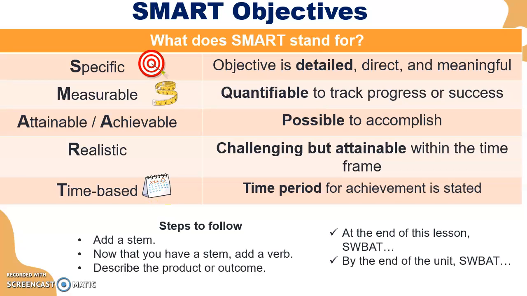So it means that it is challenging, but at the same time, it is something attainable or something possible to achieve within the time frame. If you really think that students will be able to achieve the goal in your 45-minute lesson, you will have to really reflect on that, if it is really possible, or probably we will have to simplify the objective so students can achieve it in the 45 minutes, or we can take more lessons to achieve the objective.